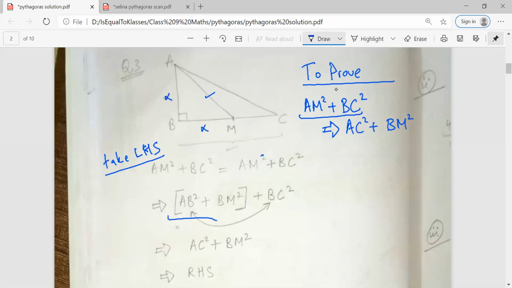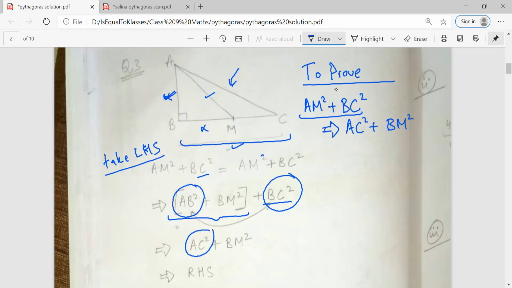This is what I have written here, and BC square I have written as it is. Now, when I look closely at AB square plus BC square, this square plus this square, I will get AC square. Any doubt? No, sir.